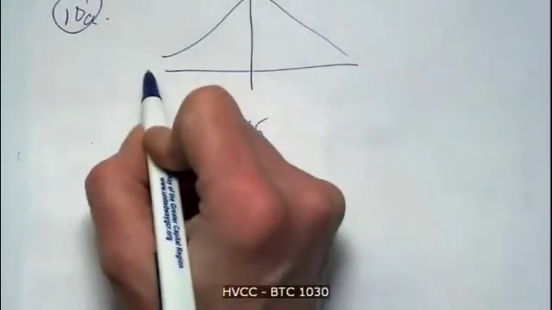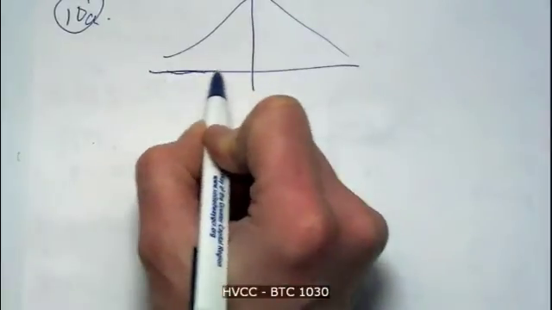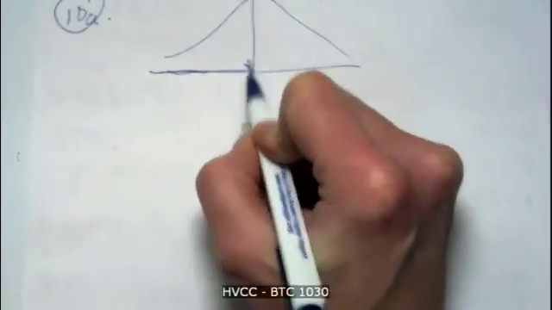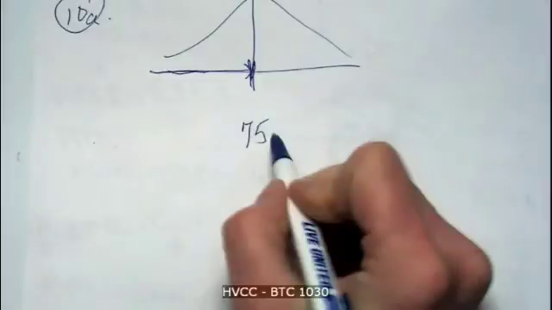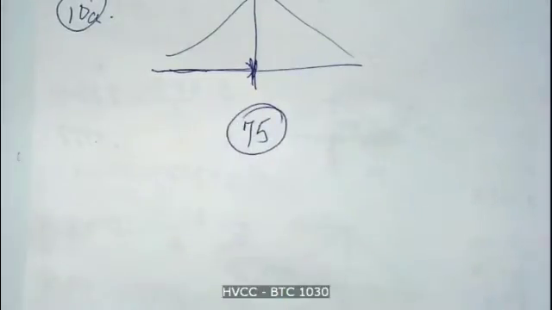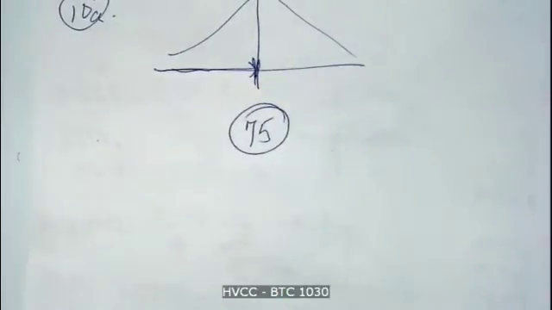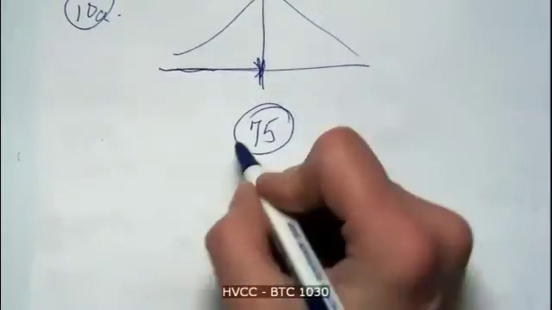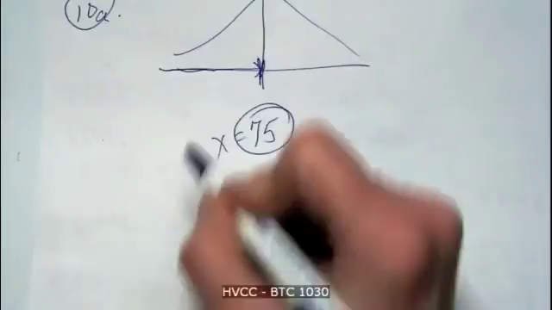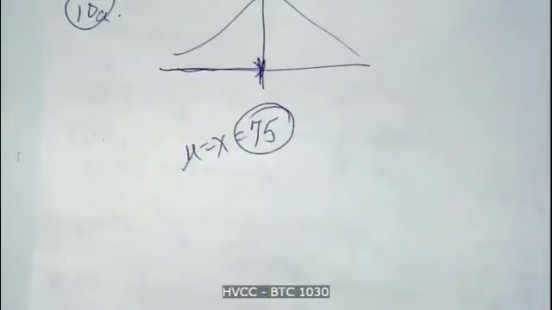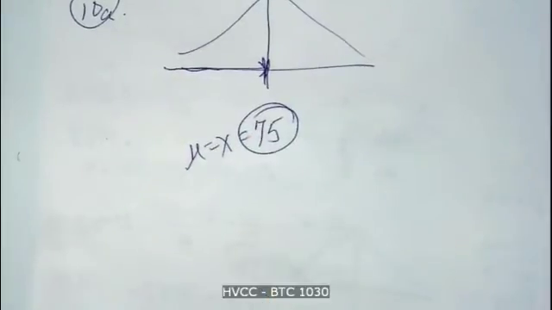Well, if we go along here, this line right here is 50%. So 50% of my workers can assemble the part in 75 seconds. I found the X. It happens to also be the population mean in that example.